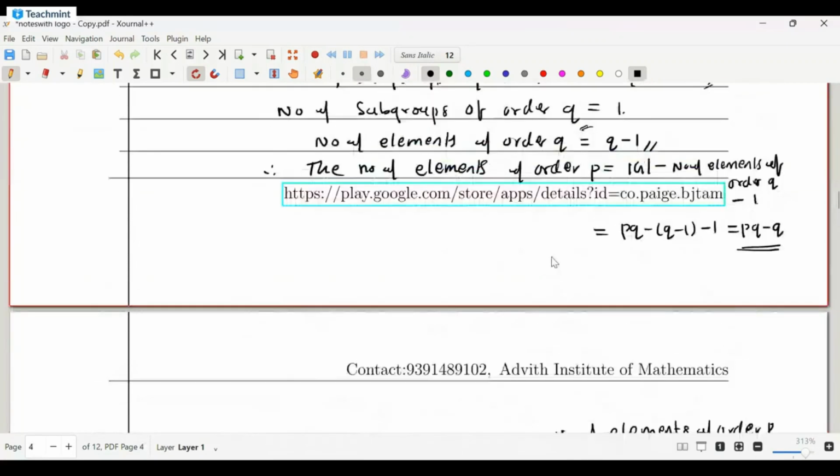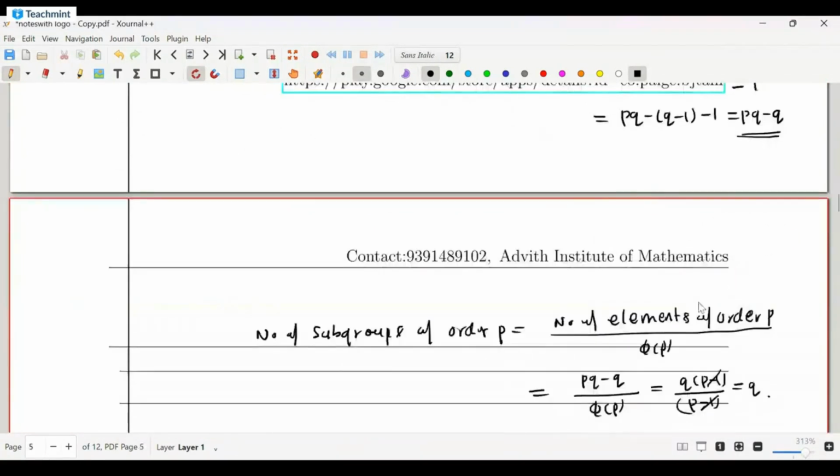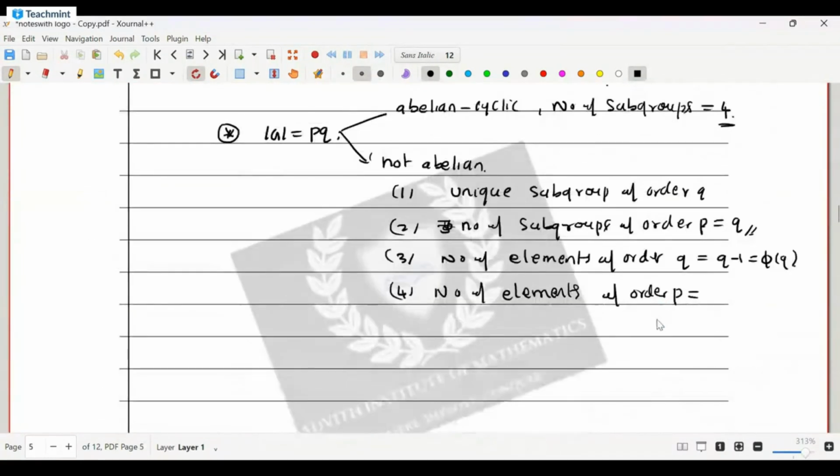PQ మైనస్ Q. ఇక్కడ Q కామన్ తీస్తే Q ఇంటూ P మైనస్ 1 కదా. దీన్ని ఇంకేం రాయొచ్చు? Q ఇంటూ phi of P రాయొచ్చు కదా.